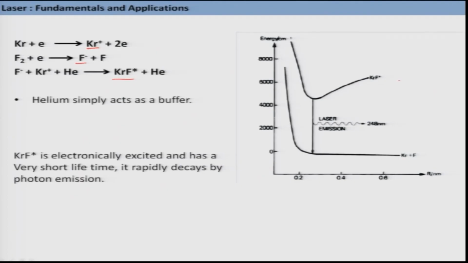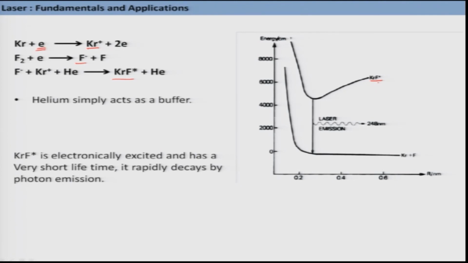Okay, and this is shown in this diagram. So this is the energy level diagram of the ground state of krypton and fluorine, where they are not interacting, while there they are forming a complex, and they are already at an excited state. Now this excitation was created by electric discharge, right? So due to electron impact, this is formed. Now they will not be stable here, right? That is not a stable geometry.